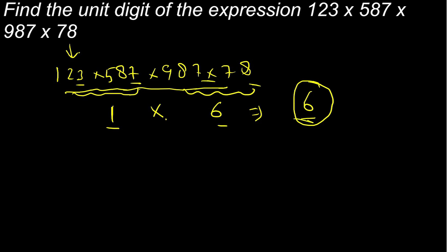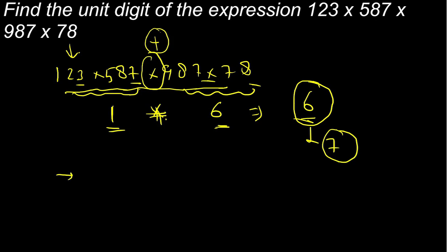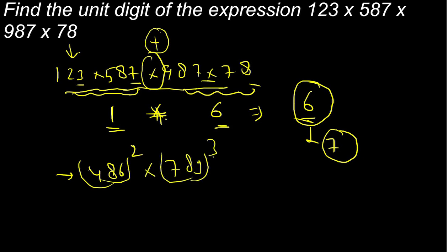If I ask you that there is a plus sign between them, then at that place you will also use this 1 plus 6, so this is going to be 7. By using this method you can do each and everything. You can also calculate complicated questions, like 486 square multiplied by 789 square, or cube. You can use this unit method, and just see in the options if there are different unit places, so you can do it very directly.